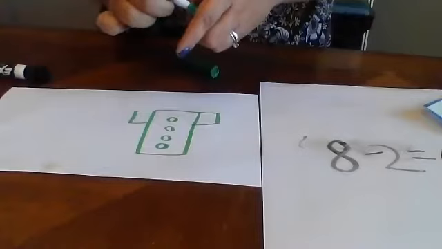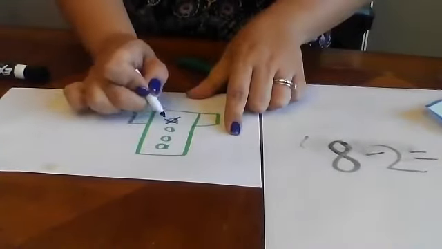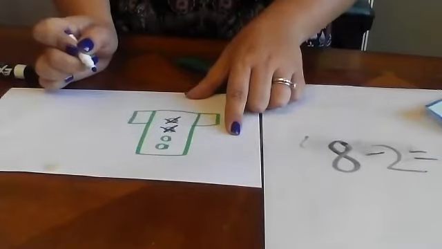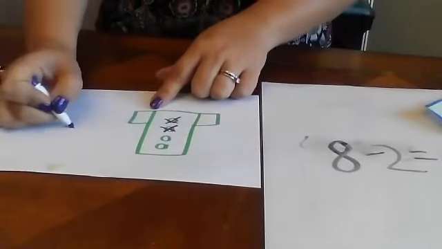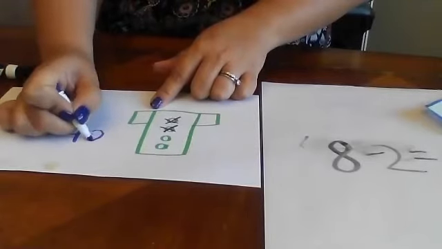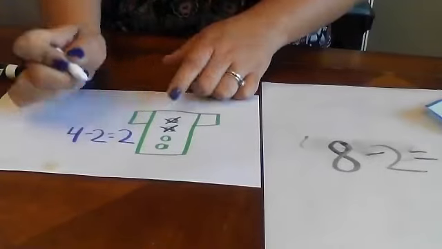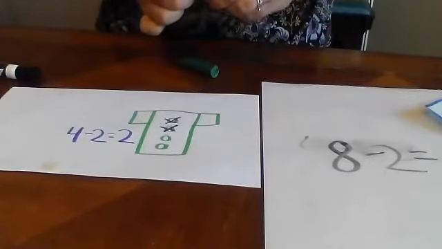And to show how many I'm taking away, I'll just put an X on it. This picture shows 4 buttons. Take away 2 buttons equals 2 buttons.